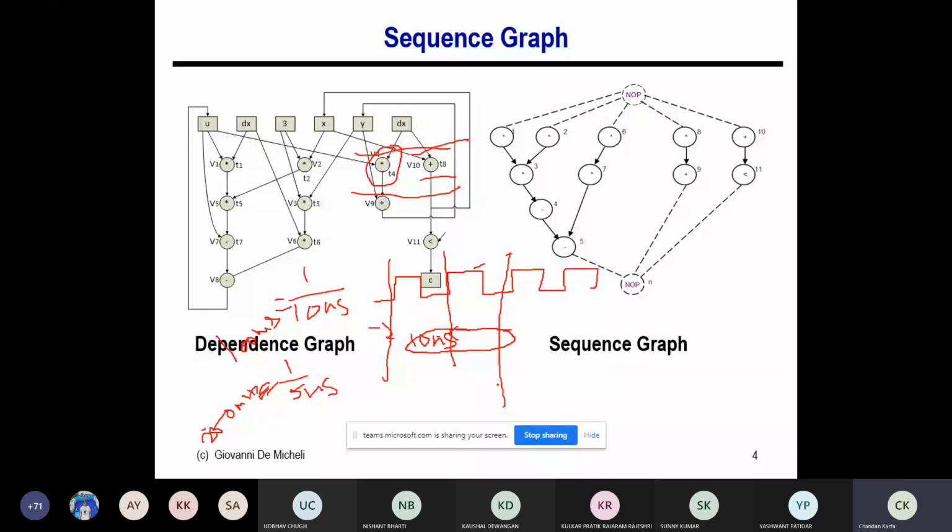Whenever I schedule a multiplier in this clock, my multiplier will remain blocked for two clock cycles, but the adder I can complete here and do the next addition operation here. So the advantage is that earlier, if I wanted to run at 100 megahertz, my adder was idle for 9 nanoseconds, or I could have done something, but I was not utilizing the time.